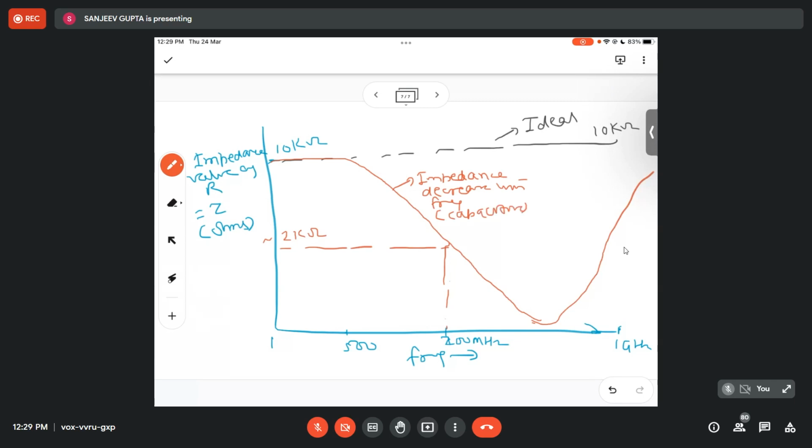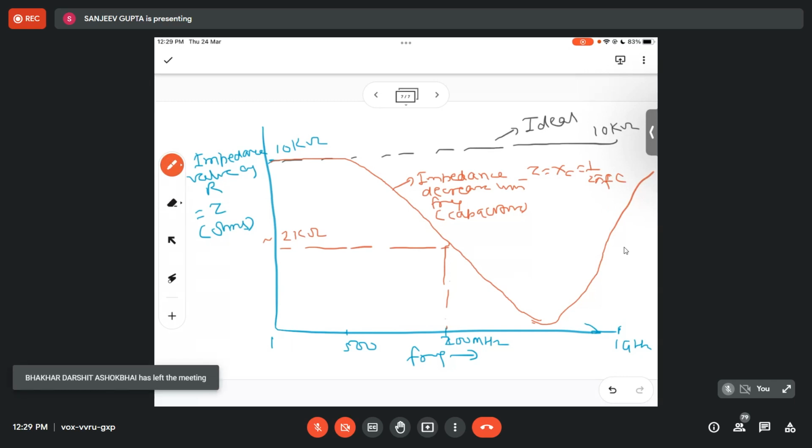Okay, that we know. If my impedance decreases with the frequency, that means Z is equal to XC, which you have seen is equal to 1 by 2 pi FC and so on. So it is decreasing with the frequency. So it is a more capacitive effect, as we have seen. In the previous example, we found that the capacitive effect is more dominant.